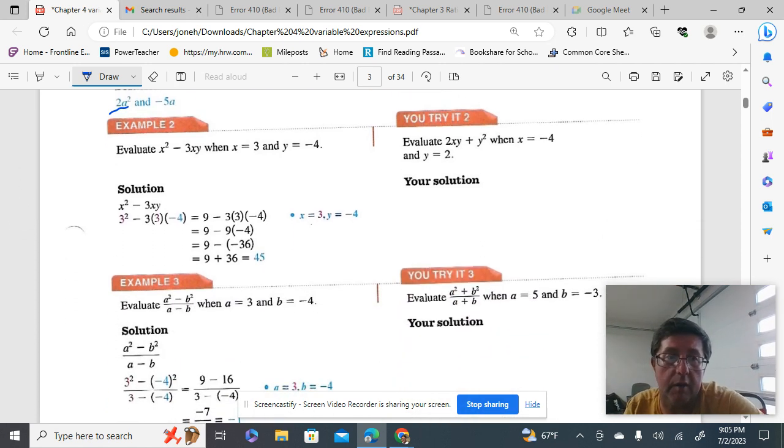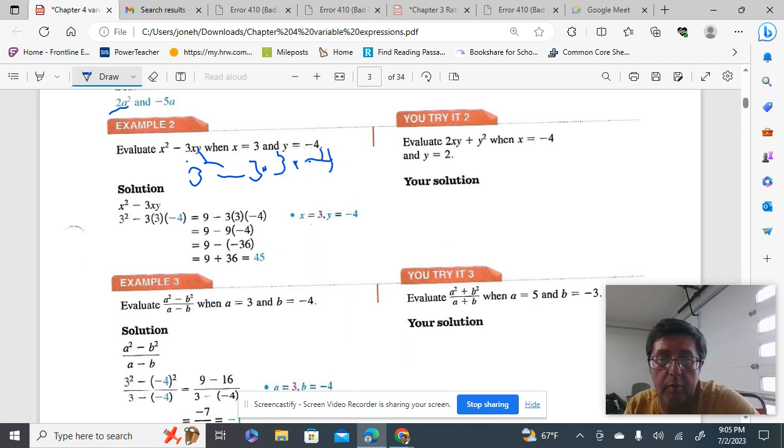So next one we will do: evaluate x squared minus 3xy when x equals 3 and y equals -4. So we're going to do 3 squared, or 3 caret button 2, minus 3 times 3 times -4.